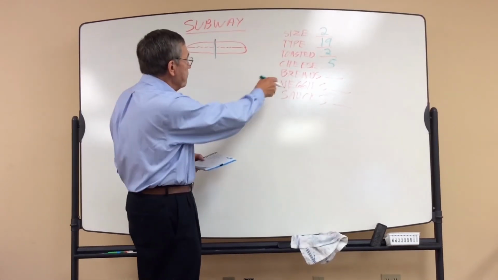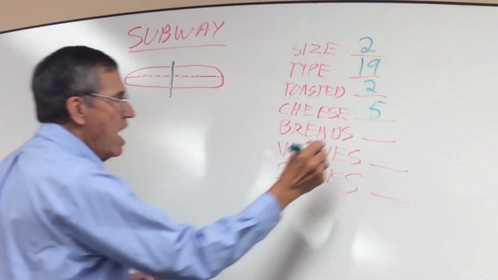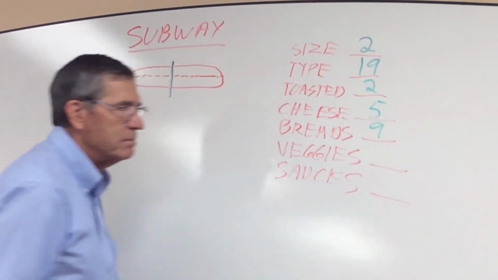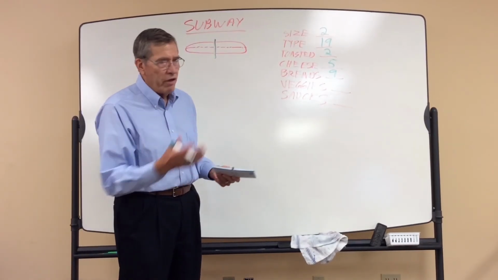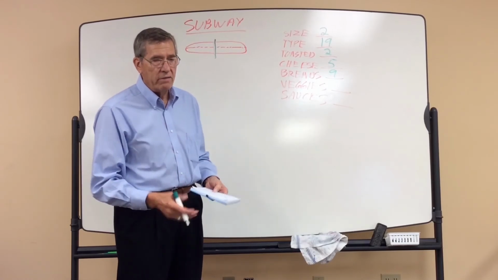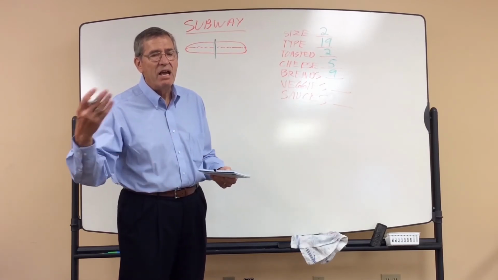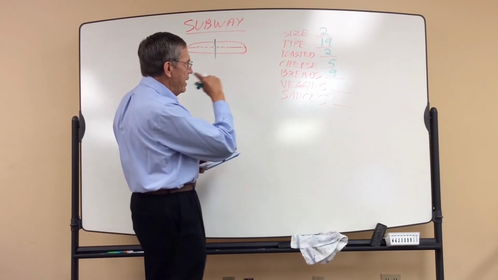Now we have choices of breads within all these sandwich types, and they list 9 different breads. Now honey oat is my favorite, but when I travel, there are many Subway establishments that don't offer honey oat. They just offer 9-grain wheat, which is my second option. But there are 9 different breads.